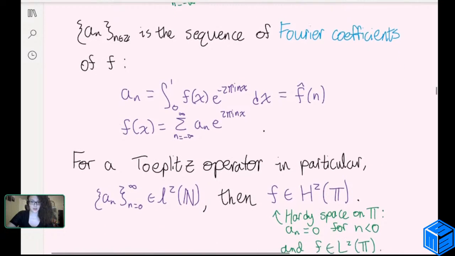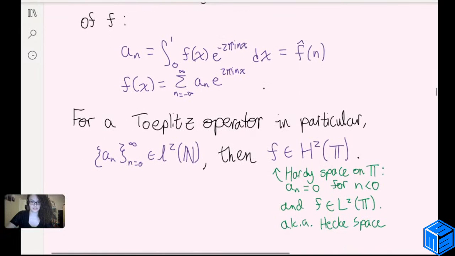For Toeplitz operators in particular, because it is semi-infinite and not doubly infinite, it turns out that we have to restrict our attention to functions which are in the Hardy space, or sorry, the Hecke space, which is also called the Hardy space on the circle.